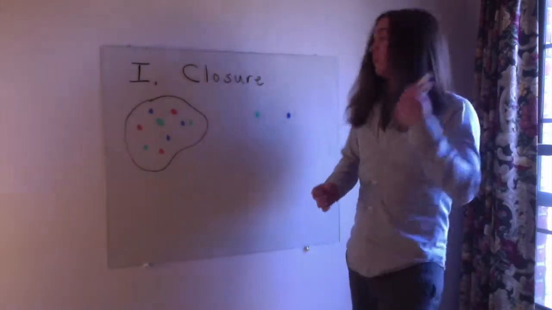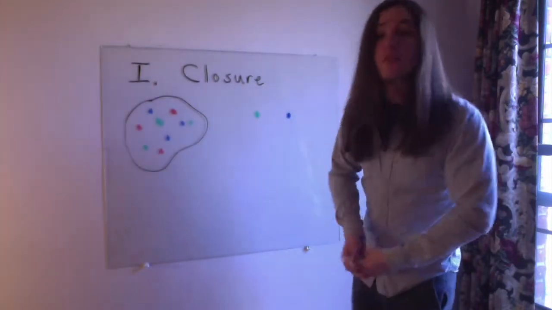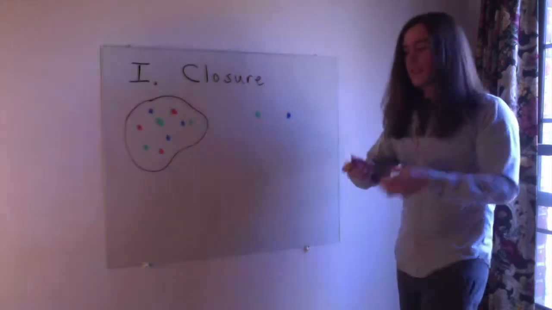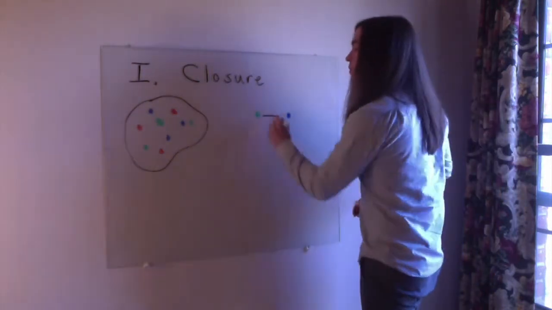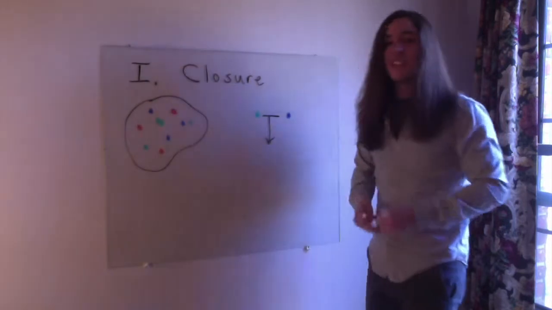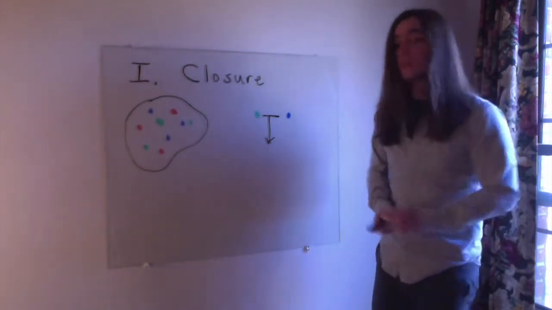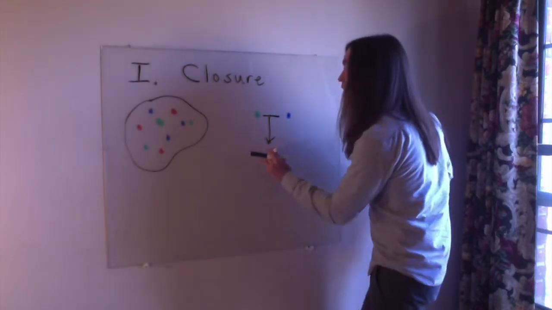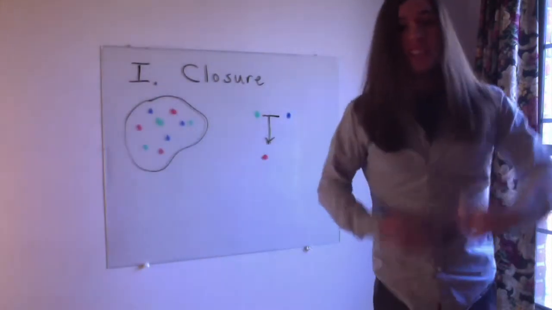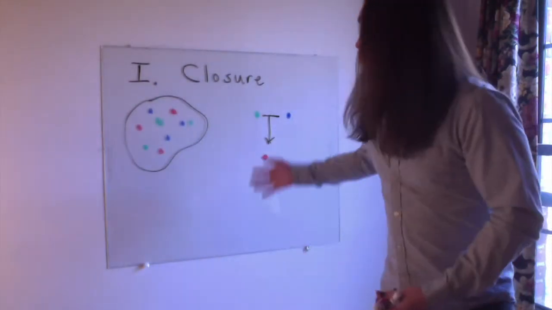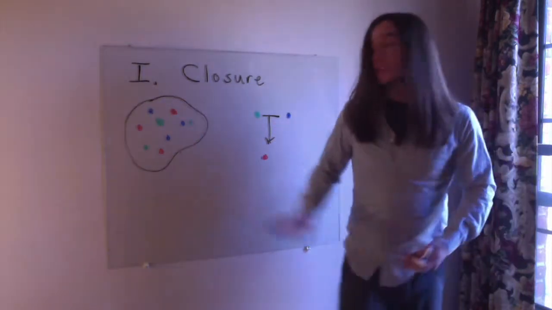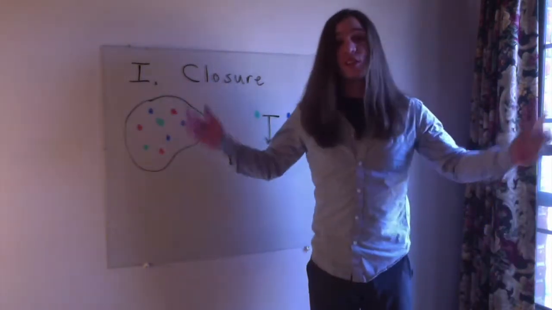When you take the product of the green and the blue element, you get something else. Closure just means that when these two come together, you have to get something that was in the original set. So let's say red. You can't produce something like yellow, because that would mean that whenever you put green and blue together, you get something that's not even in the set, so it's not closed anymore.